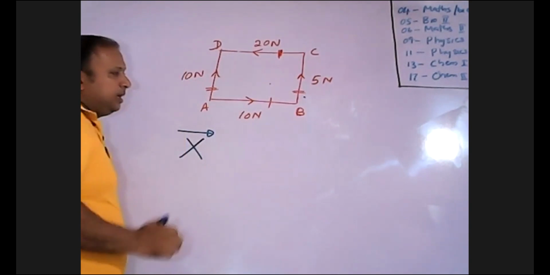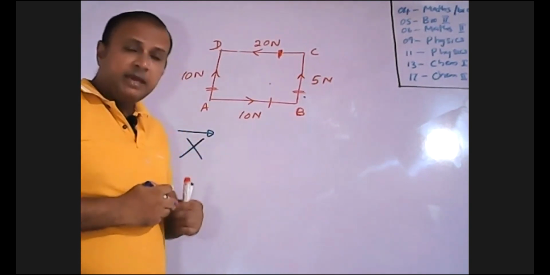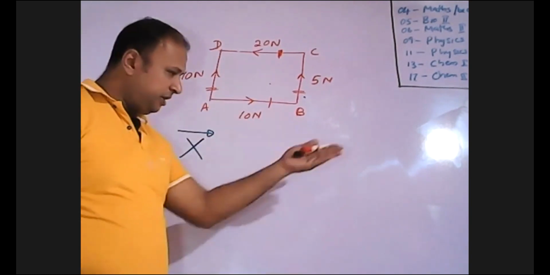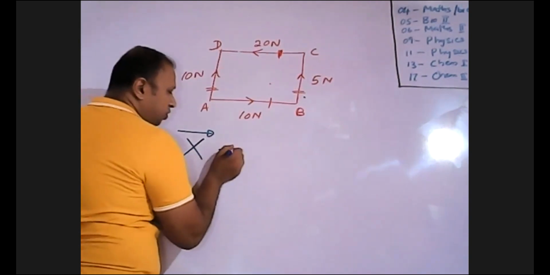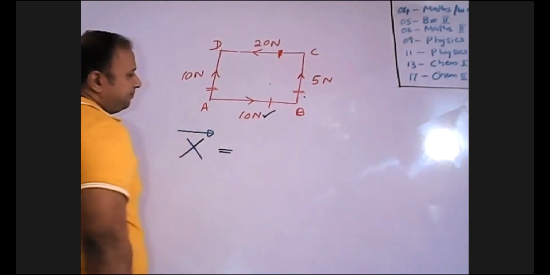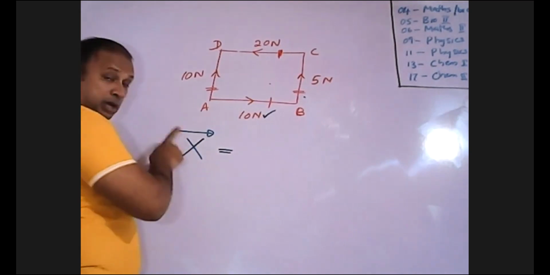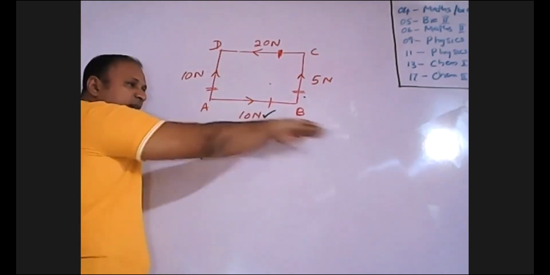Look at this one. The first thing is you have to take the resolved component in x direction. This is the first force. I have taken the positive x as this direction, that means right hand side.